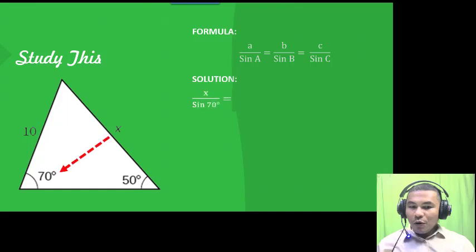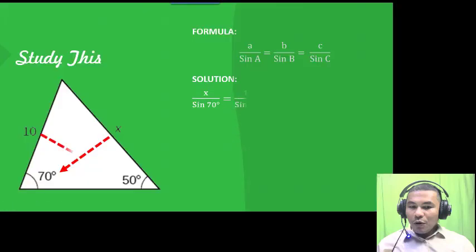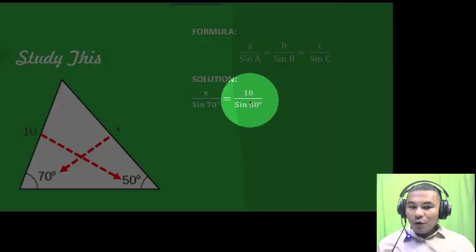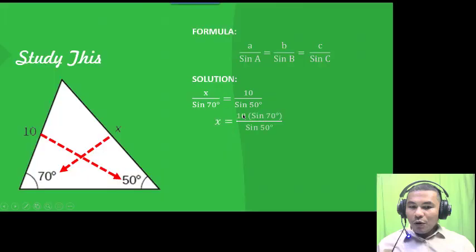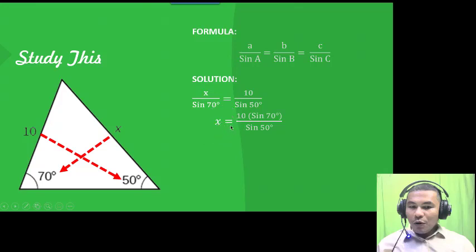Since the opposite side of 70 degrees is the unknown side x, we write it like this: x over sine 70 degrees. Next, we make a proportion to the known side, which is 10 over sine 50 degrees. By cross multiplication and putting the unknown on the left side of the equation and the known values on the right side, we come up with x equal to 10 times sine 70 degrees over sine 50.